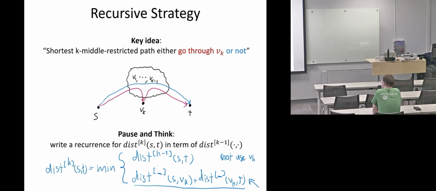It can use anyone here, really. And from Vk to T, it will use anyone here up to Vk minus 1. If you put something like K over 2, it will not reflect this idea. So you put K minus 1 here and K minus 1 here.